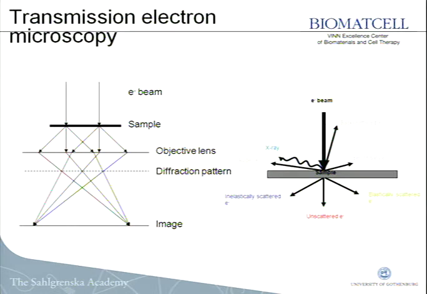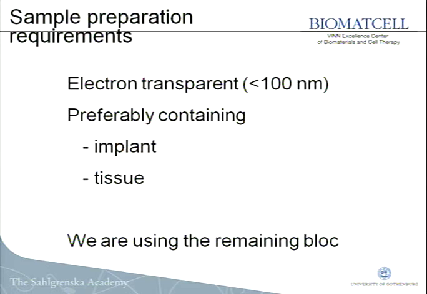So why aren't we doing it all the time? It's because it's very tedious to make the sample. It has to be less than 100 nanometers in thickness, which is very, very thin. And you want to have both implant and tissue in the section.